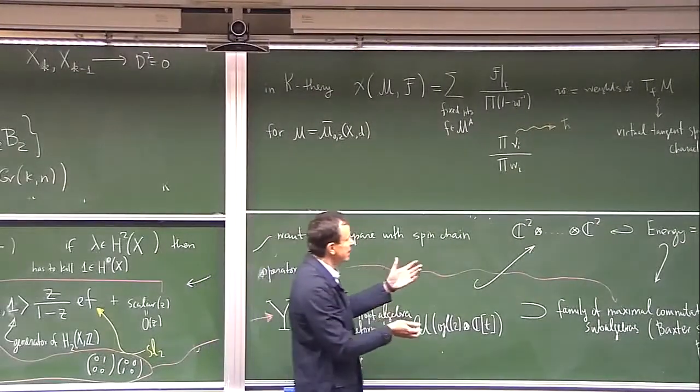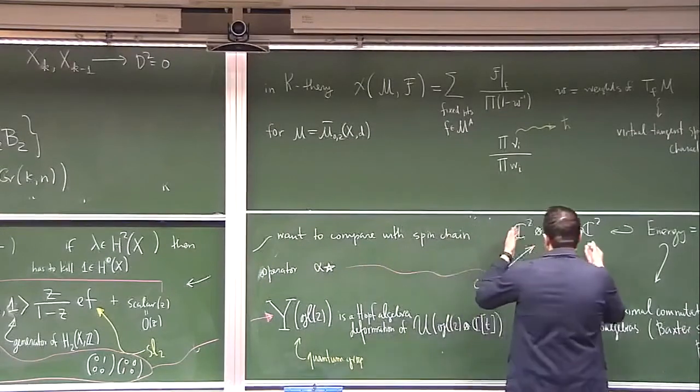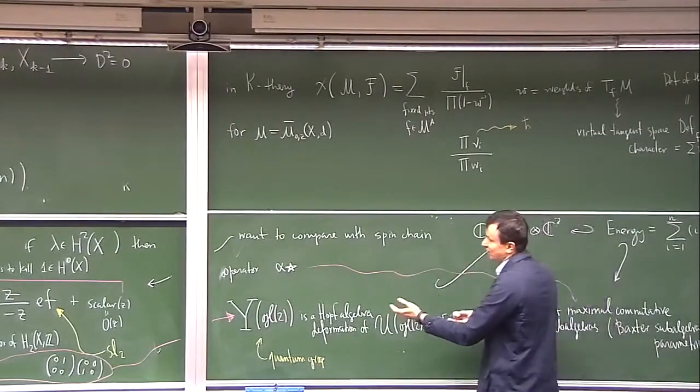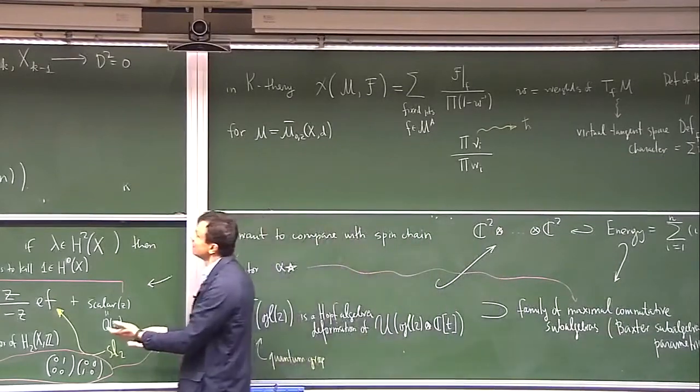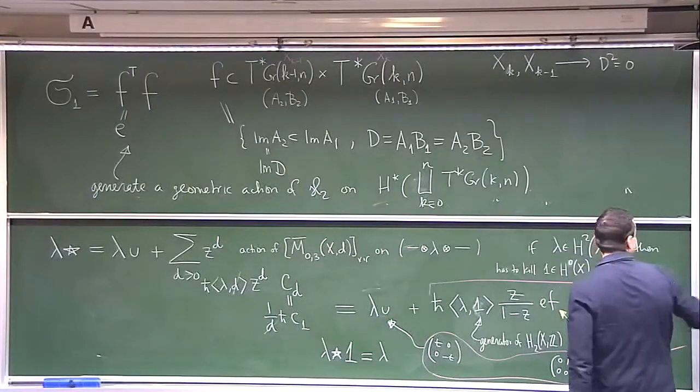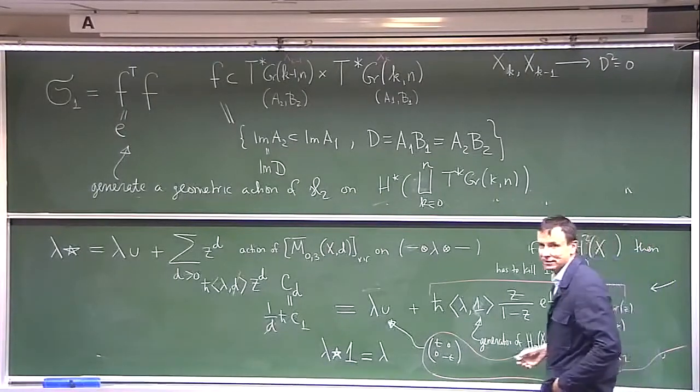And this representation, I forgot to say that this special representation is the same. So if you think of this, what representation of the Yangian does this space give?